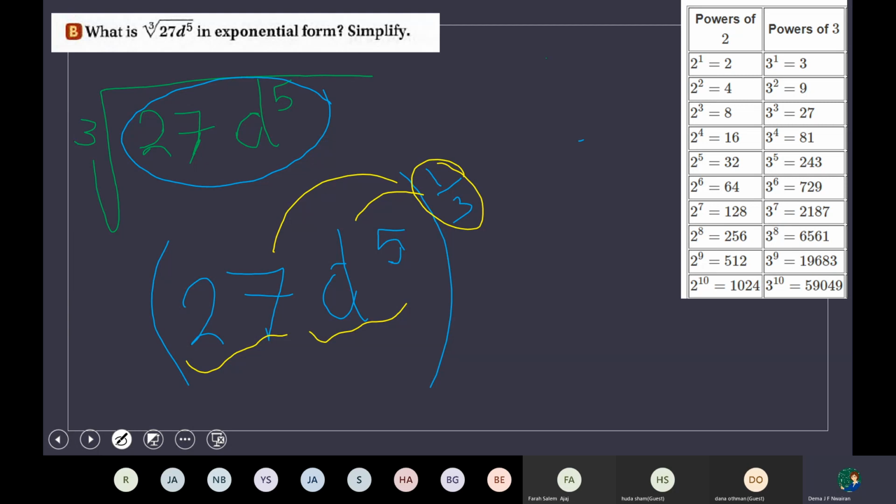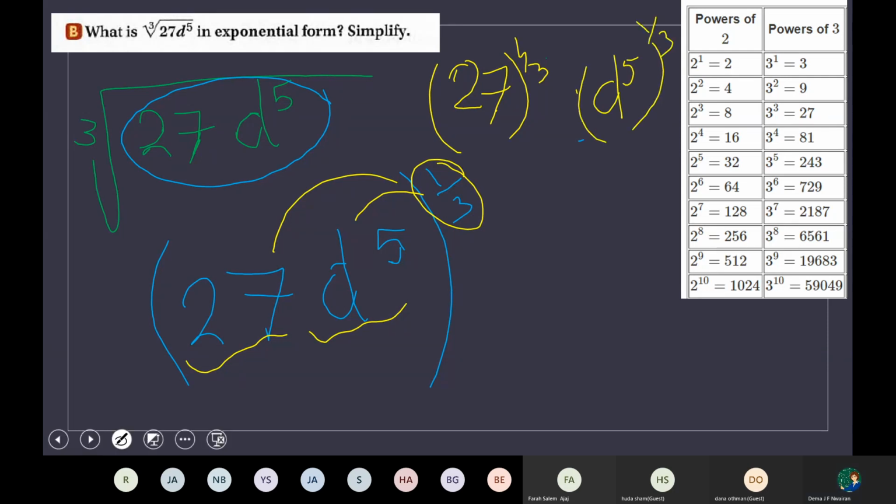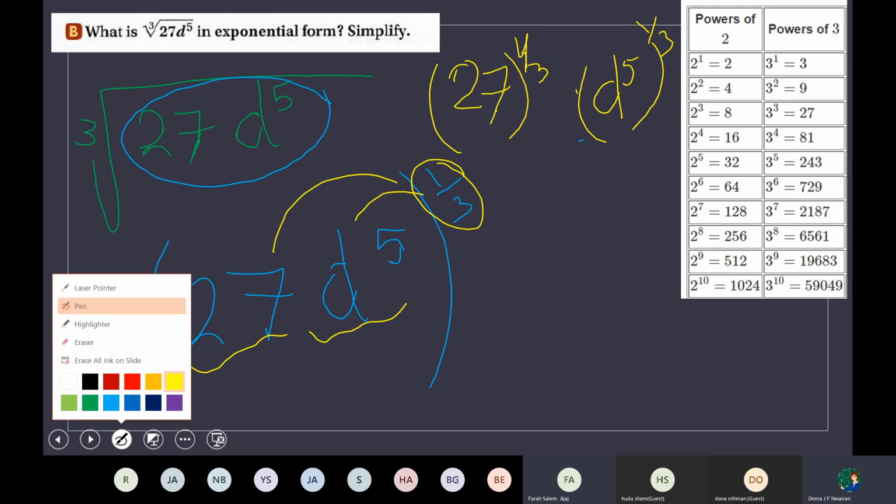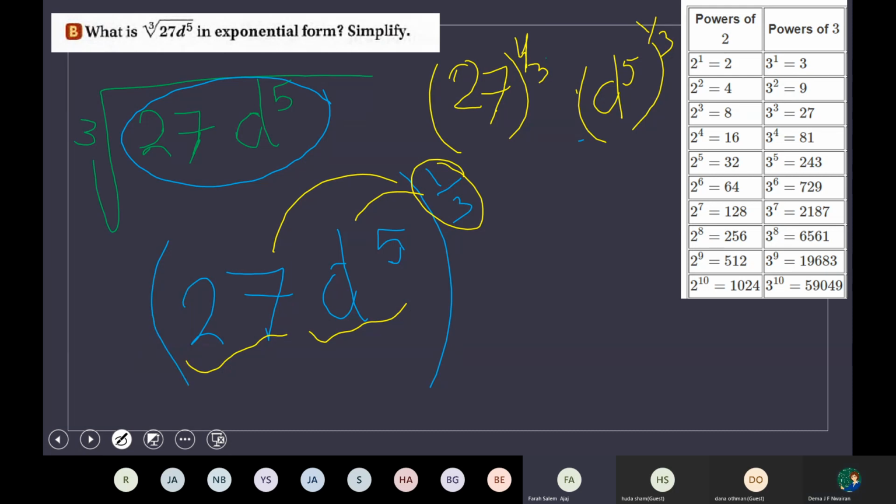So it will be 27 raised to 1 over 3 and d to the power 5 raised to 1 over 3. Is it right? Yes. I just distribute the 1 over 3 over the product of 27 and d raised to 5. So 27 to the power of 1 over 3 will be 3 to the power of 3.